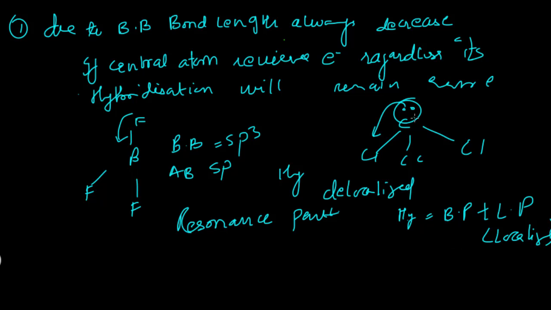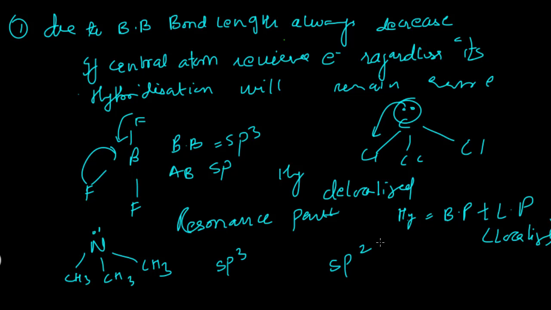Here in this case these lone pairs are going to chlorine, so the hybridization can change, but in this case it is coming from fluorine, so hybridization won't change at all. Okay, you understood it. Such as the case of N(CH3)3, before back bonding the hybridization is sp3, but after it will be sp2. Okay, so yeah.